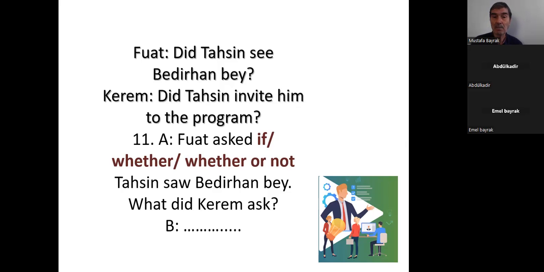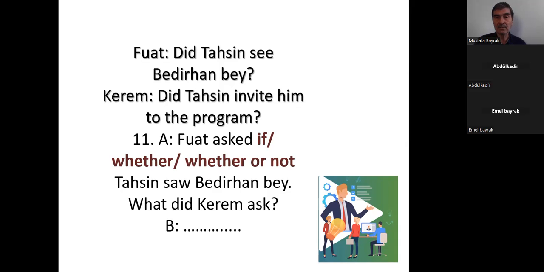Or Kerem asked whether Tahsin invited him to the program. Or Kerem asked whether or not Tahsin invited him to the program.